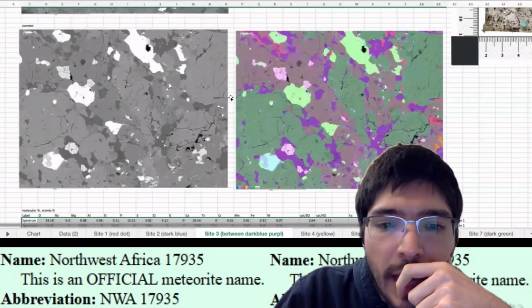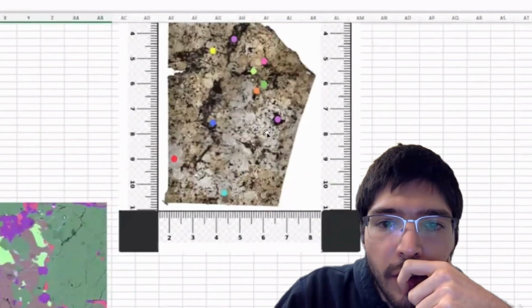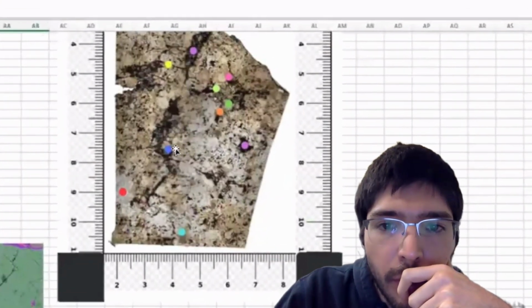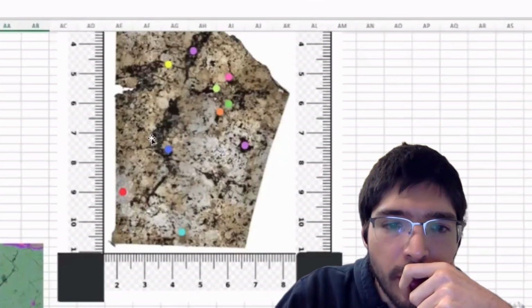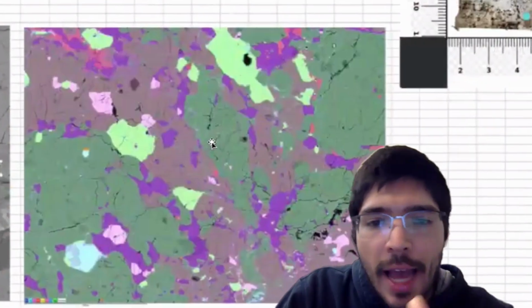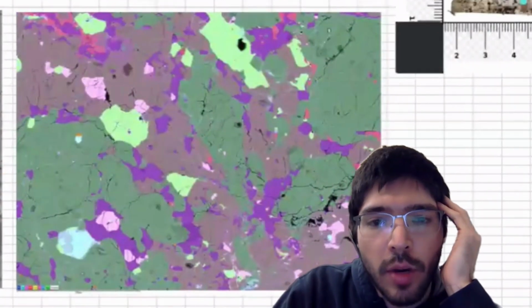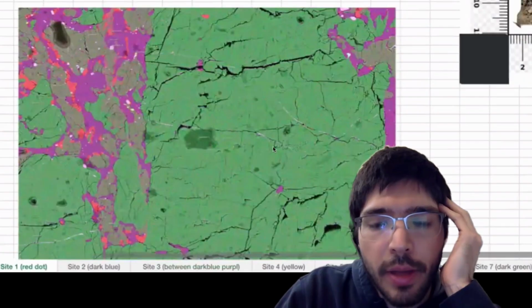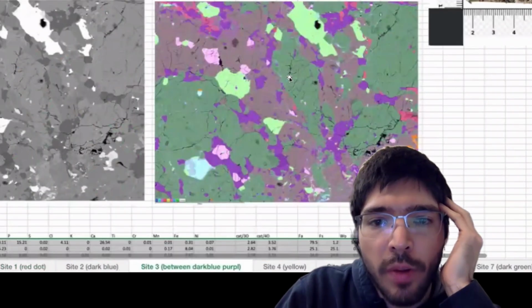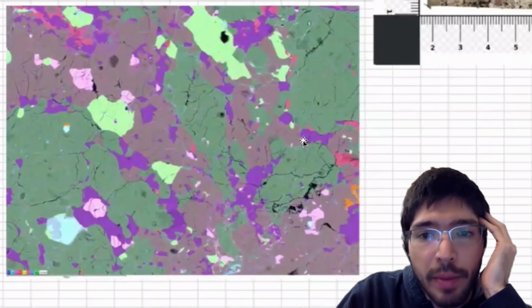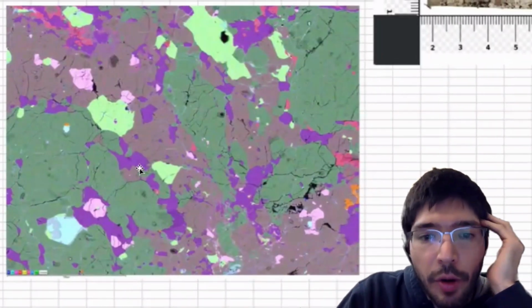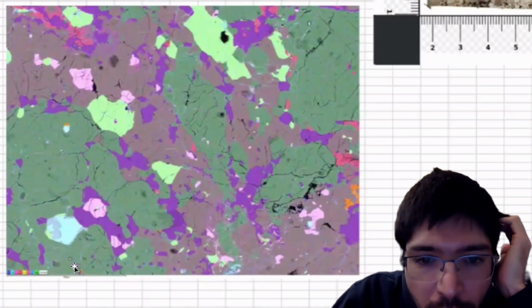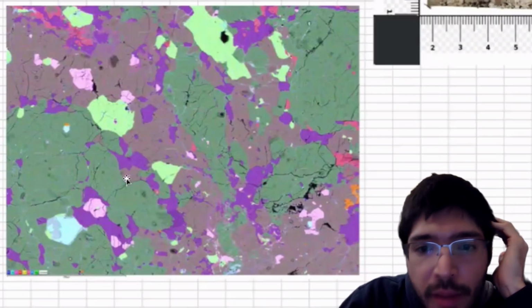Now we're looking at this area right here, so between dark blue and purple. So we're either here or we're here, but we're somewhere in this region. And we can just look at the texture and compare it to site 1, and you can see very similar texture in terms of the olivine looks to all be the same color. So it's probably the same composition. Same with the pyroxene. Very coarse feldspar, once again, that's greater than 50 microns in size.